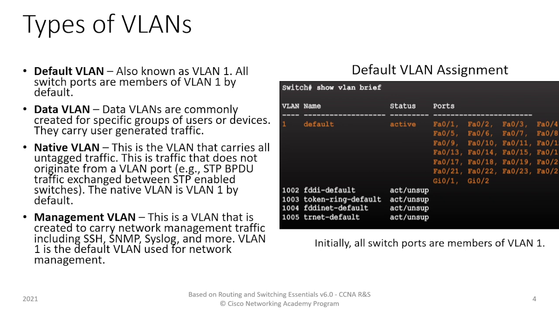That is what it's going to carry, things like SSH and all that relevant for configuration and intercommunication between these devices. That would be carried through the management VLAN, and by default it could be VLAN 1, and it could be changed to something else as well. So that is the management VLAN.